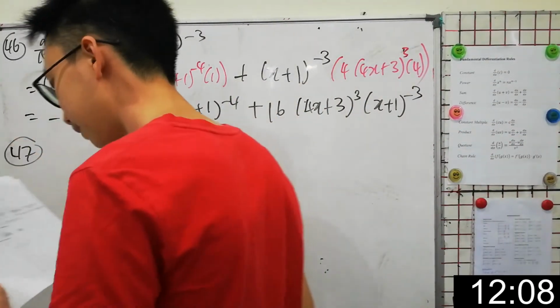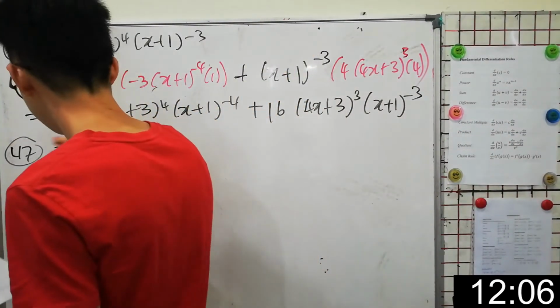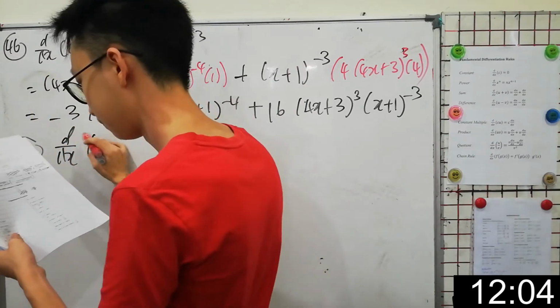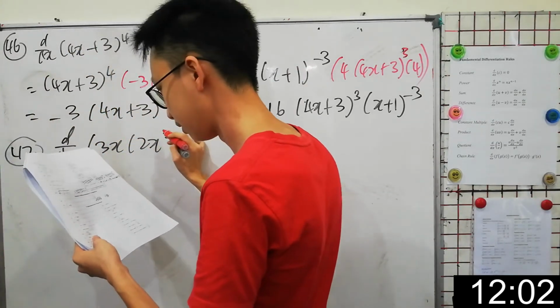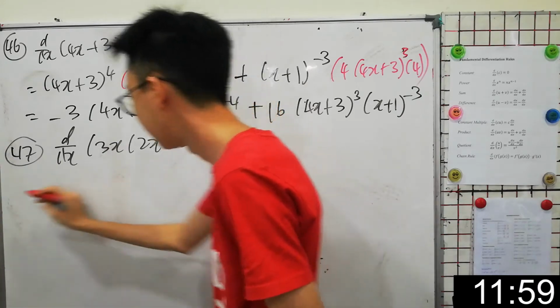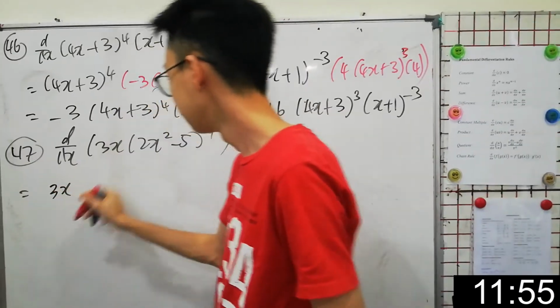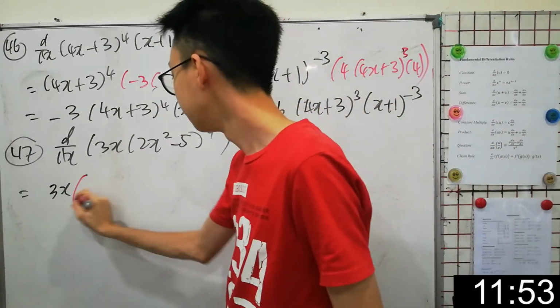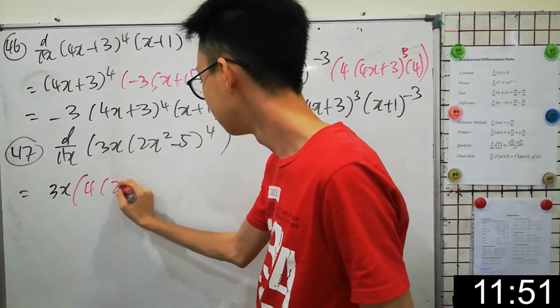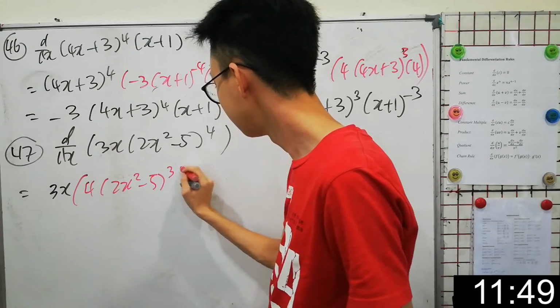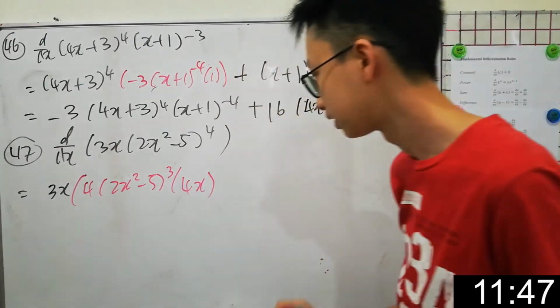Anyway, 47. Last 11 minutes. 3x times 2x squared minus 5 to the 4th. It's a product rule plus chain rule. So you copy the first function, differentiate the second function: 2x squared minus 5 cube times 4x.